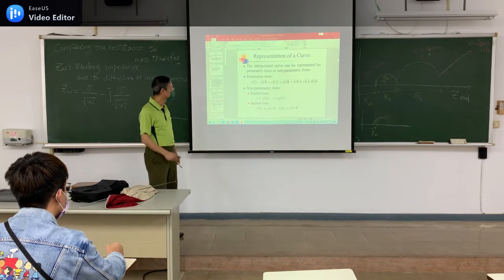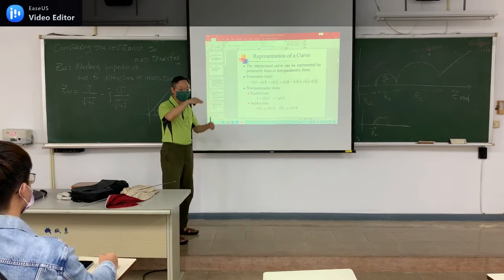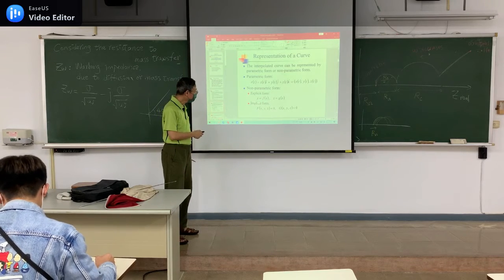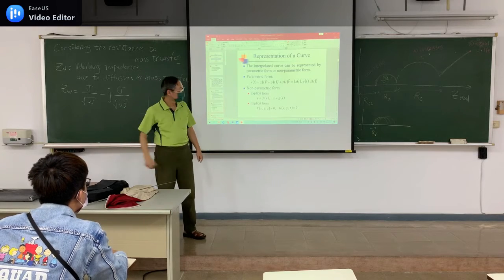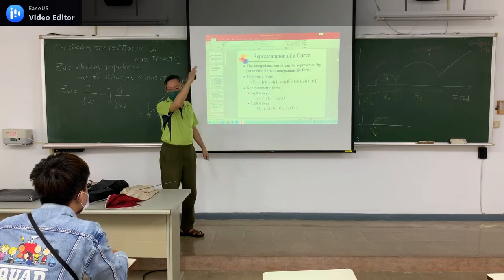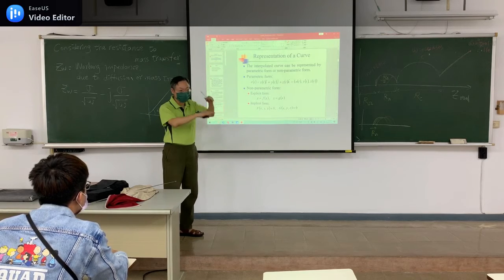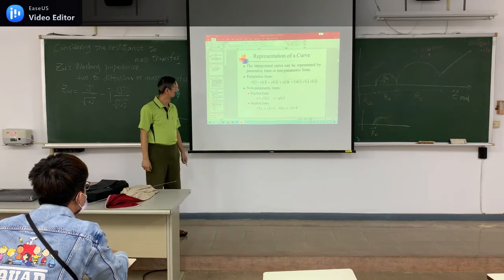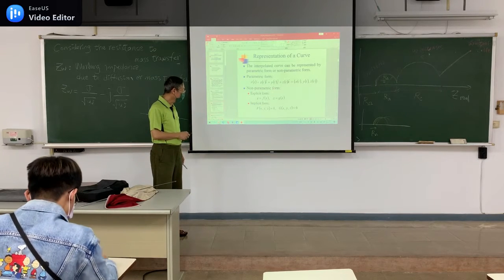For example, for a three-dimensional curve, you can write this way. In three dimensions, one algebra equation represents a surface. Another algebra equation represents another surface. The intersection of these two surfaces is a curve. And this is how we call it explicit form.